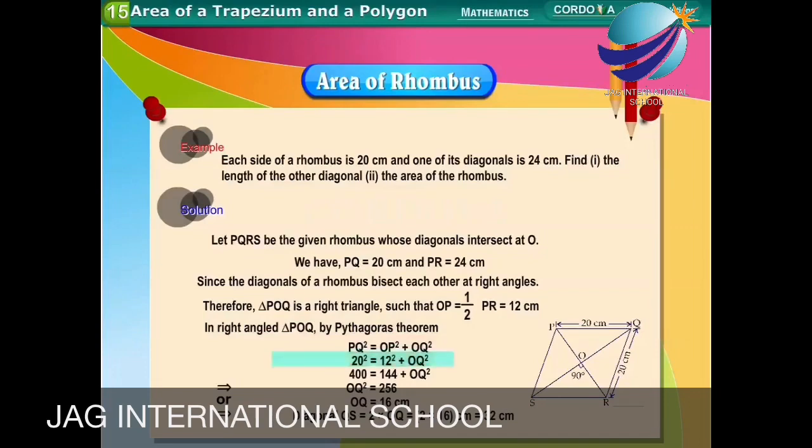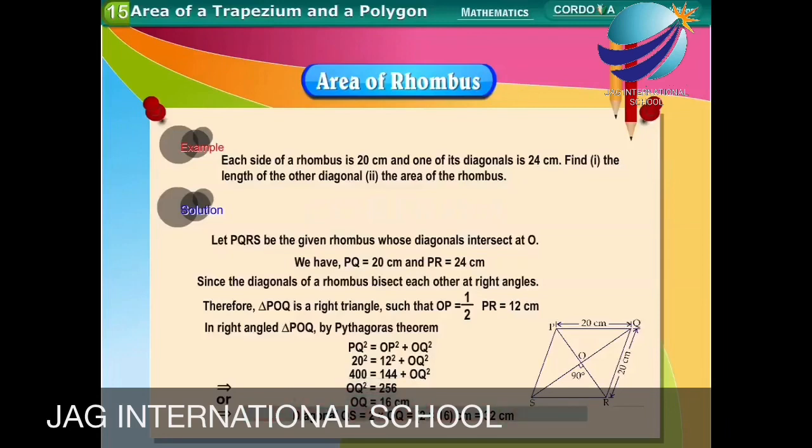20 square is equal to 12 square plus OQ square. 400 is equal to 144 plus OQ square. This implies OQ square is equal to 256. Or OQ is equal to 16 centimeters.